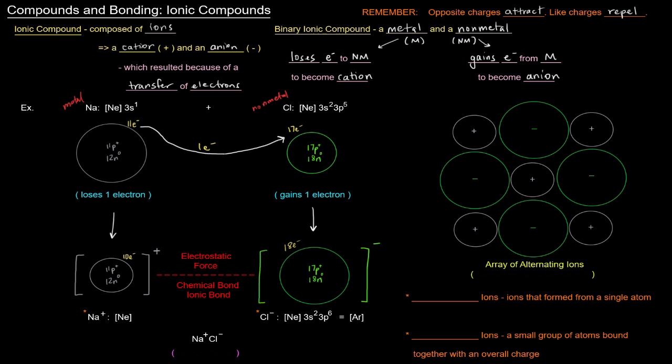Okay. And so notice here a few things: this sodium cation has a noble gas configuration, and this chlorine anion has a noble gas configuration as well, the noble gas configuration of argon. So they've both reached electron configurations that are really, really stable, which is why this ionic bond even formed.